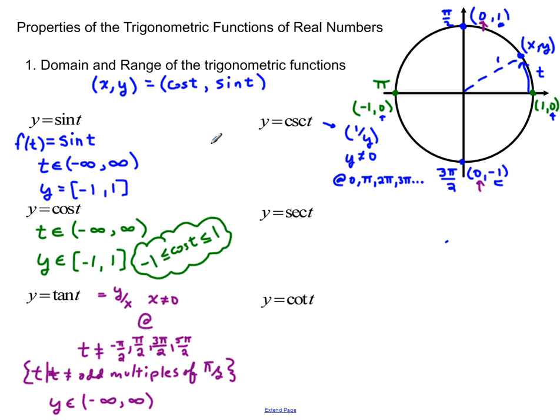So as far as the domain of this one is concerned, we could use the set of all t values such that t is not equal to some whole number multiple of pi. So we can just say integer multiples of pi.